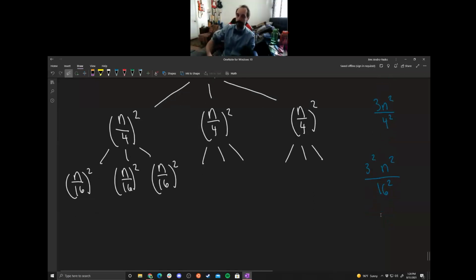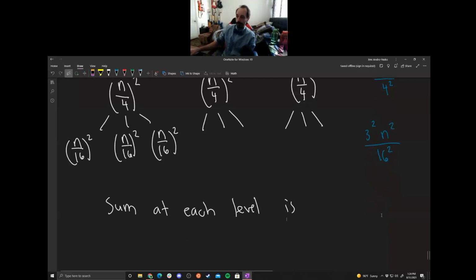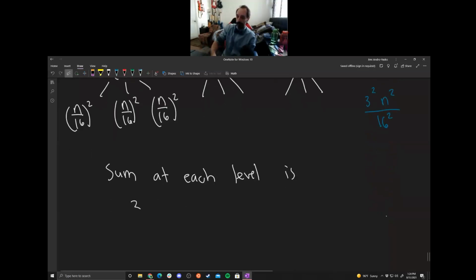So the sum at each level is the following: 3 to the power i, n squared, over 4 to the power i squared, or 4 to the 2i. We can rewrite it in this form.